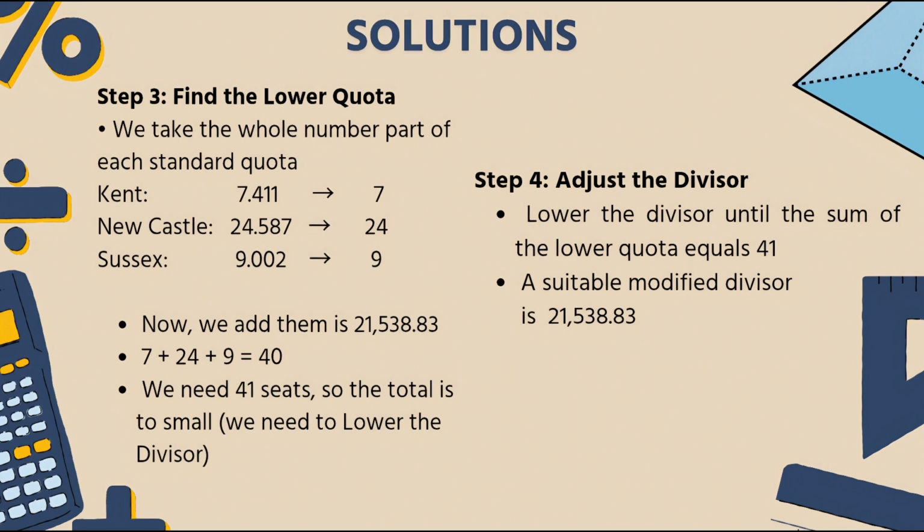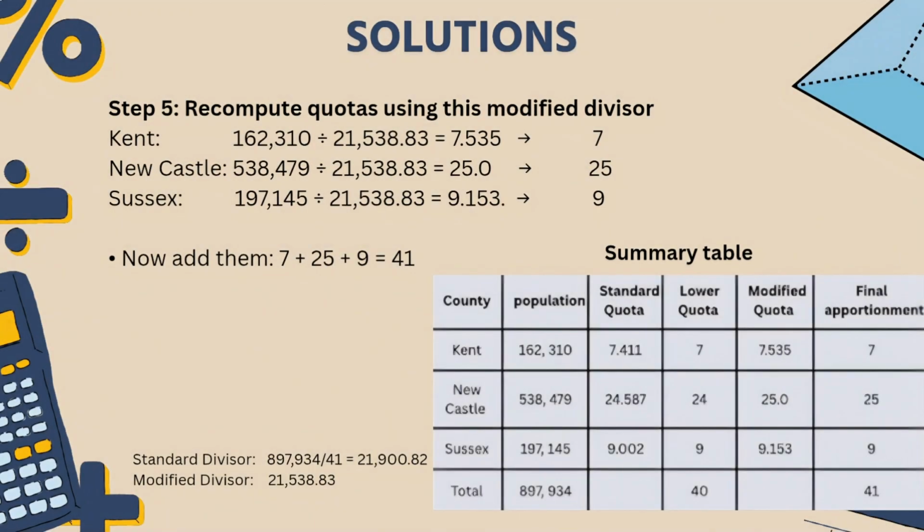Now step 4. Adjust the divisor. Lower the divisor until the sum of the lower quotas equals 41. A suitable modified divisor is 21,538.83. Now, recompute the quotas using this modified divisor.